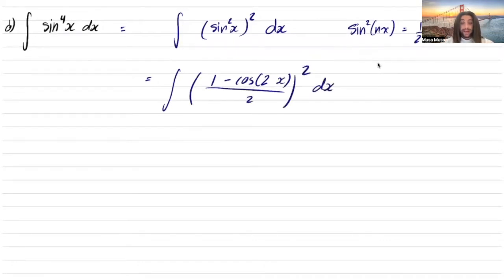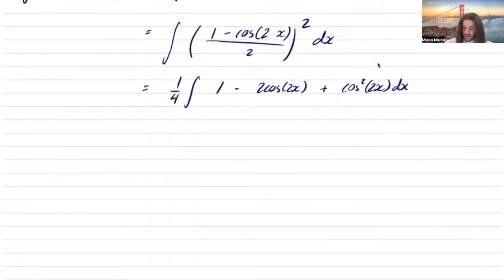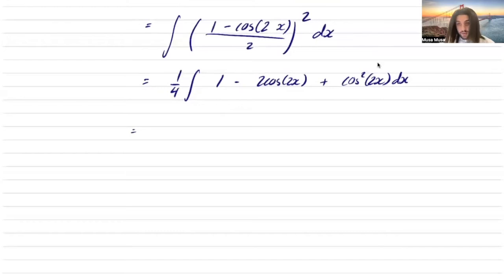Now, taking out that quarter, because that 2 in the denominator squared is 4, we get 1 on 4, and then we expand the numerator and get 1 minus 2 cos 2x plus cos squared 2x dx. Lovely. And again, that cos squared 2x can now be replaced.